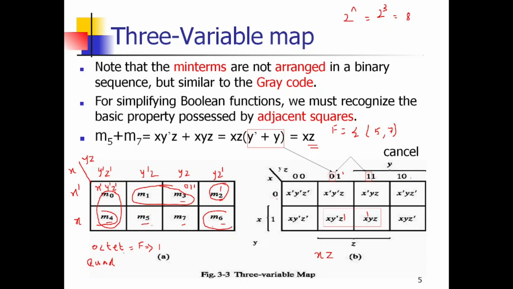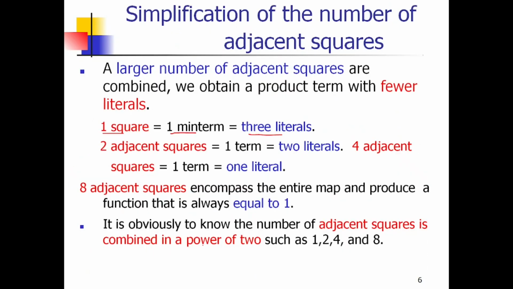Here we have written octet means the Boolean function is f equal to 1, right? All the column variables become 1, and x plus x dash, this row variable, also becomes 1. The final Boolean function is f equal to 1 if you have an octet possibility. Octet possibility is 8 adjacent squares, right?